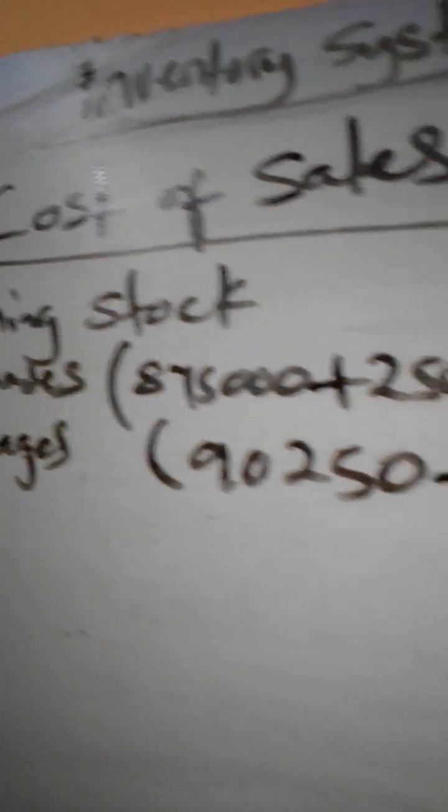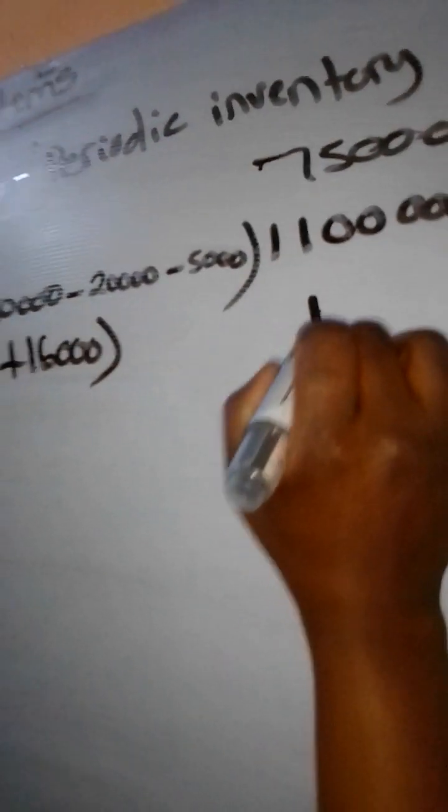Carriage on purchases amounting to 16,000 was paid on the first freight for transporting t-shirts from Egypt to South Africa. So we are going to increase our carriage by 16,000. 16,000 plus 90,250 is going to give us 106,250.